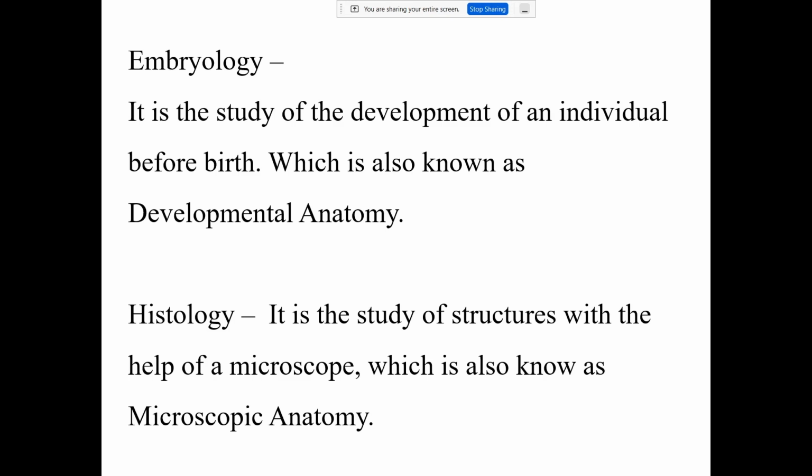We are going to study at different levels, and that is considered a portion of the levels of different anatomical study. So histology is nothing but the study of structures at the tissue level as well as the cellular level with the help of a microscope, and that study is called microscopic anatomy.